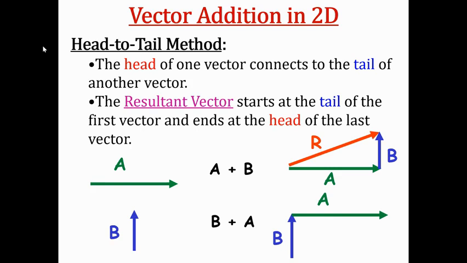And then I drew the tail of A connected to the head of B. And if I draw my resultant from where I started at the tail of B to the head of A, hey, the resultant is identical. It's still the same length and still pointing in the same direction. So it turns out it doesn't matter what order you add these vectors in using the head-to-tail method. You will still get the same resultant.